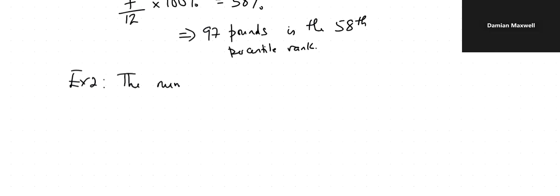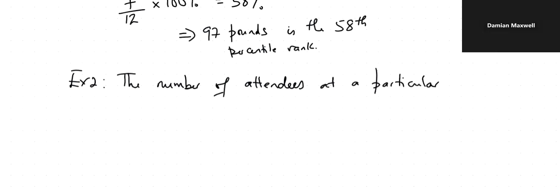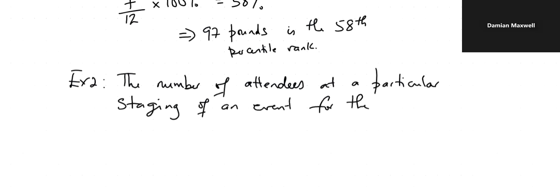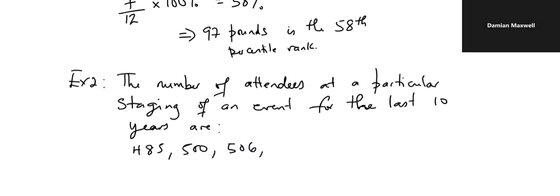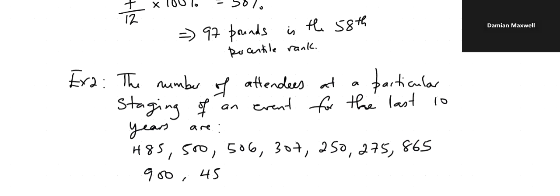The number of attendees at a particular staging of an event for the last 10 years are: 485, 500, 506, 307, 250, 275, 865, 900, 450, and 670.